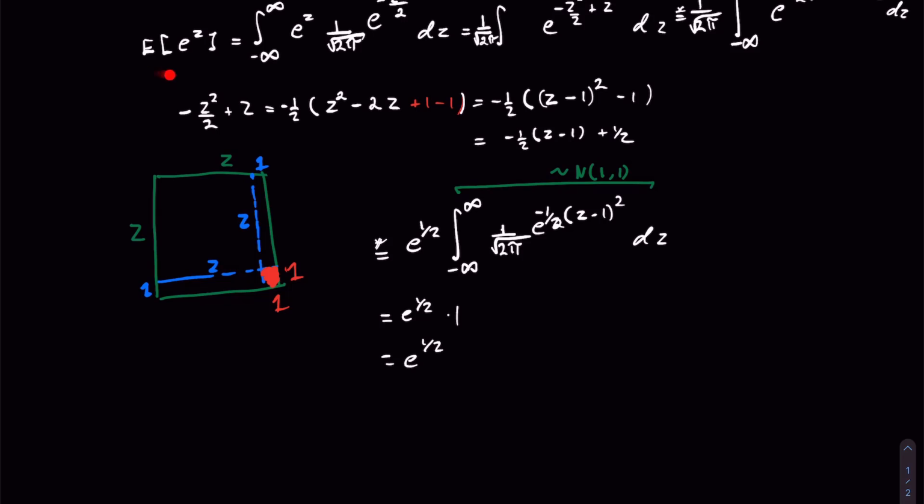Now, there's another way to do this, which is using the MGF of the log normal. Well, actually, it's the MGF of the normal, because the MGF of the log normal doesn't exist, because it integrates to infinity, it diverges.